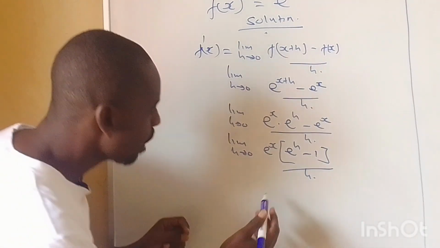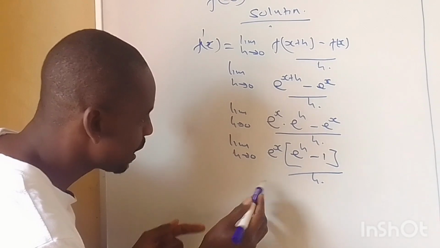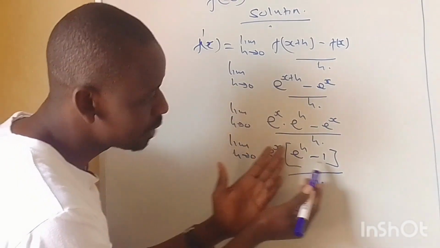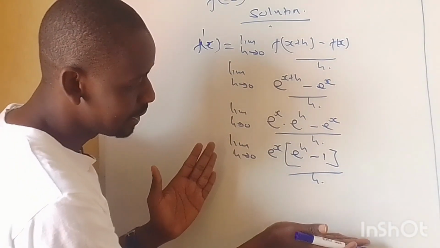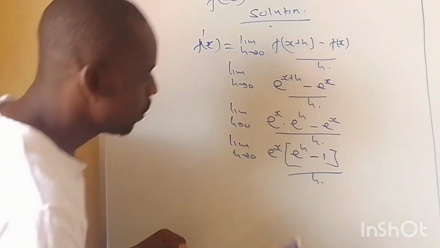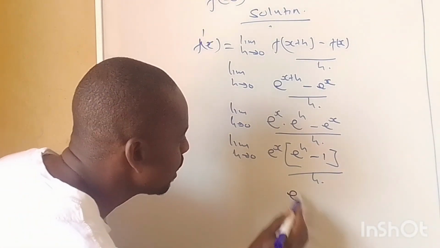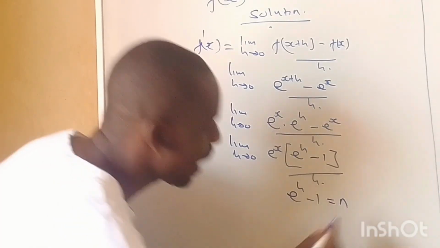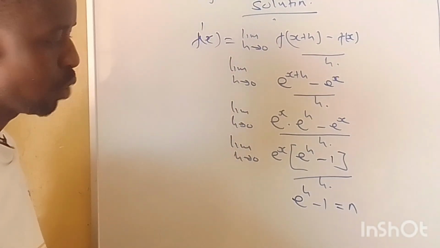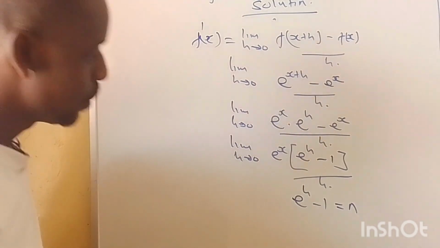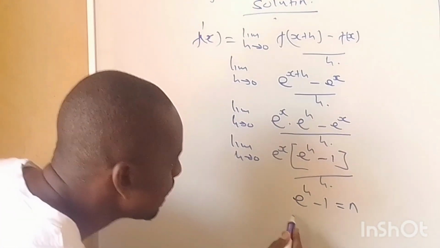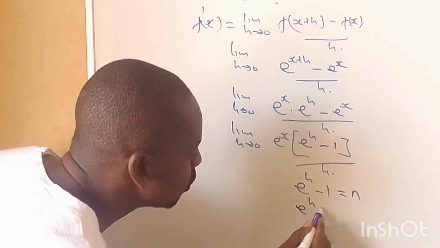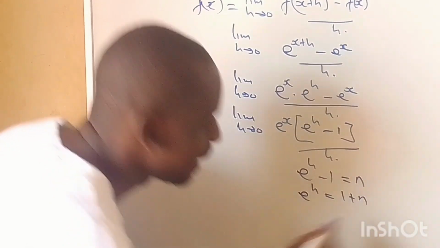So let me take e raised to x and deal with this part alone, down here. Let me pick e raised to h minus 1, and let me equate this one to n. So that means that e raised to h is equal to 1 plus n.